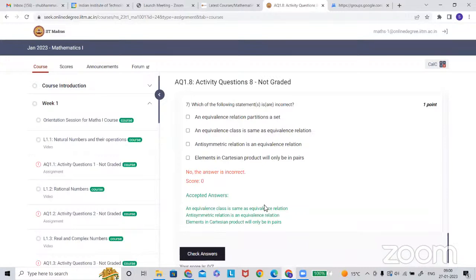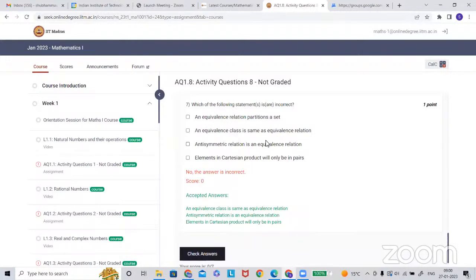Here are somewhat confusing words, I think. Once your relation is an equivalence relation, then you will get equivalence classes, right?